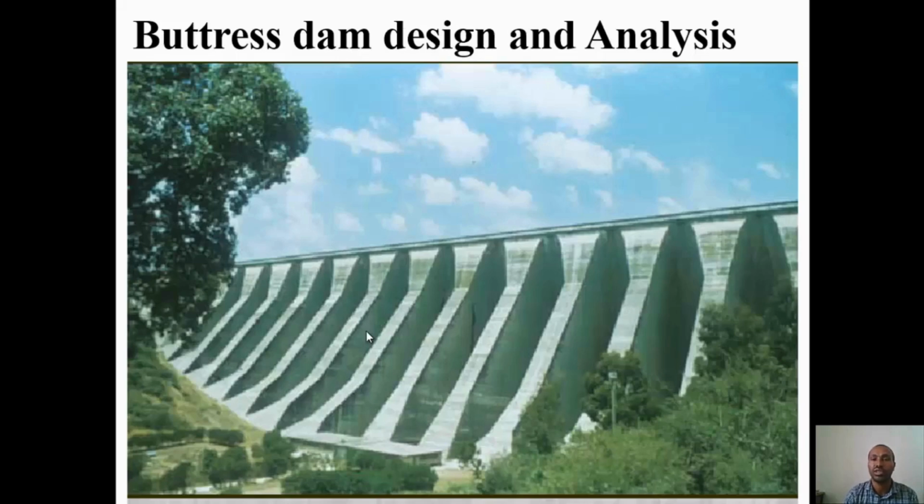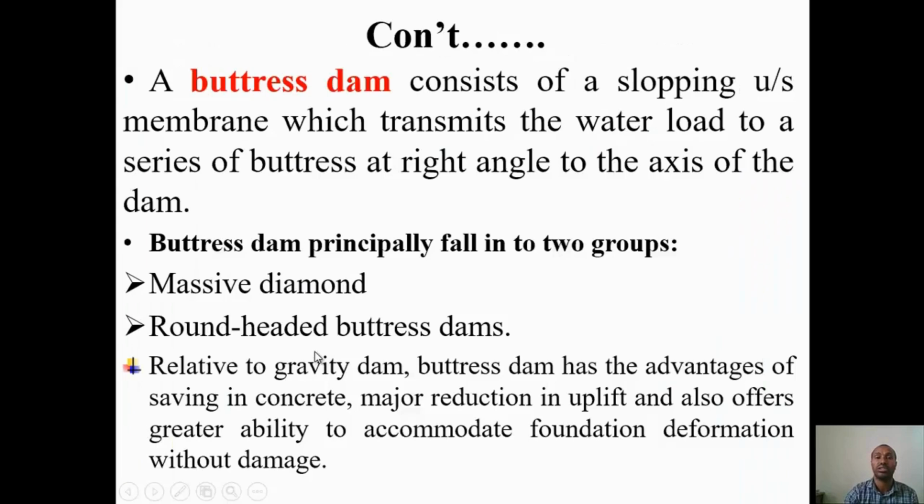Now this is buttress dam design and analysis. The next topic is the buttress dam. Each buttress looks like a gravity dam, connected with struts, and then it acts as a buttress dam. A buttress dam consists of a sloping upstream membrane which transmits the water load to a series of buttresses at right angles to the axis of the dam.